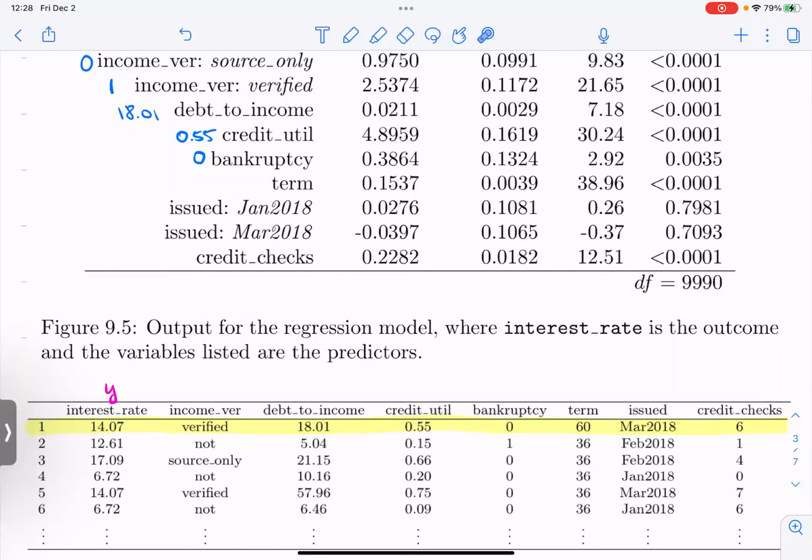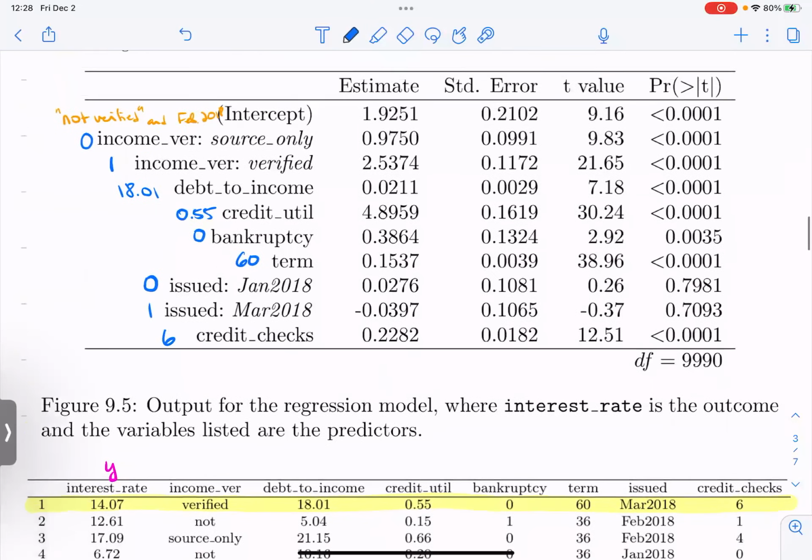The term is 60. It was issued in March, which means that this one is a 1, which means that this one is a 0. And then the credit checks, there were 6, whatever that means.